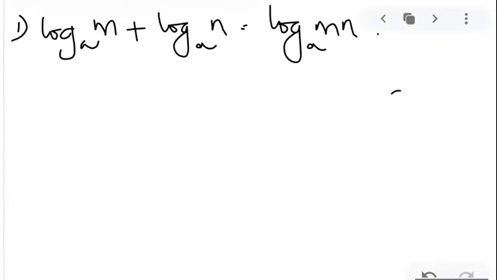There you can multiply a power m into a power n only when the bases are equal, right? Here also it's the same. Only when the bases are equal, you'll be able to do operations on the logarithms. All right. So my first formula is log m to the base a plus log n to the base a is equal to log m into n to the base a. All right. So we'll see some examples of that.